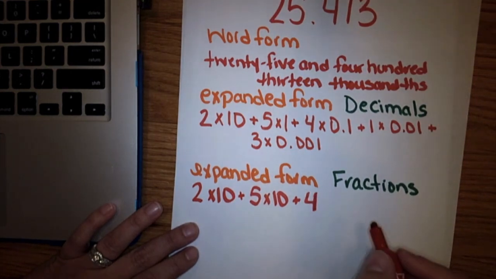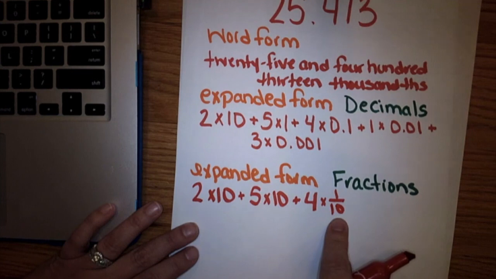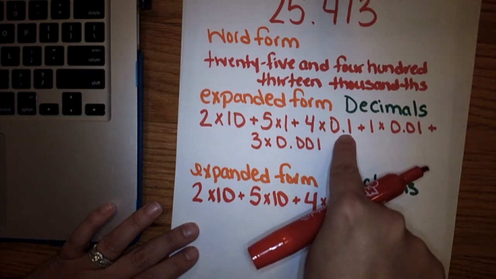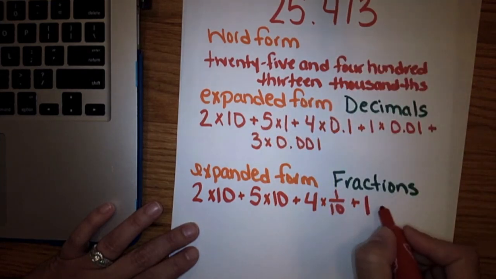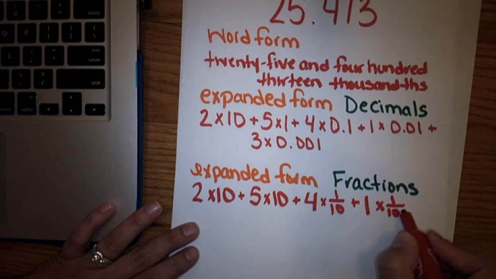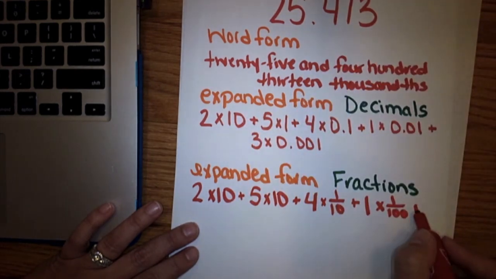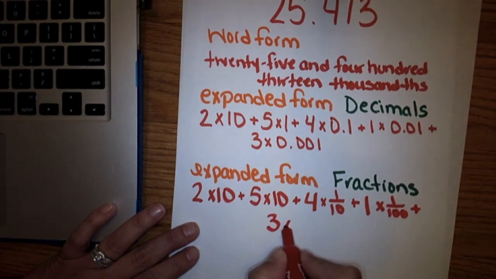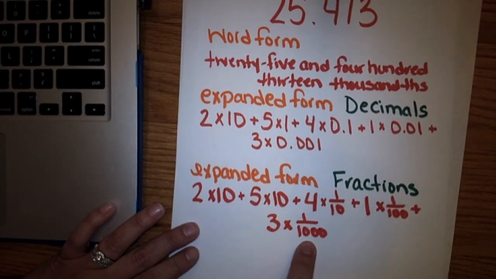Let's turn that into a fraction. 4 times 1/10. Plus, take the 1, times it by, because it's one group of 1/100ths. It's in the hundredths place value, plus 3 times 1/1000ths. This is still 1/1000ths, just a different way to represent it as a fraction.